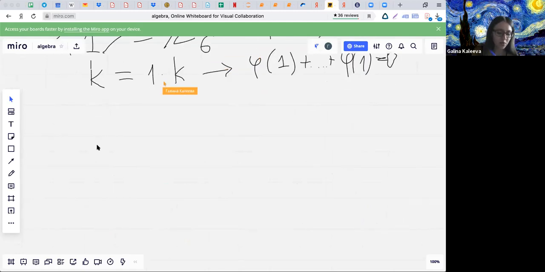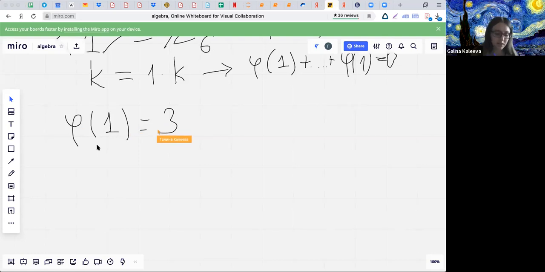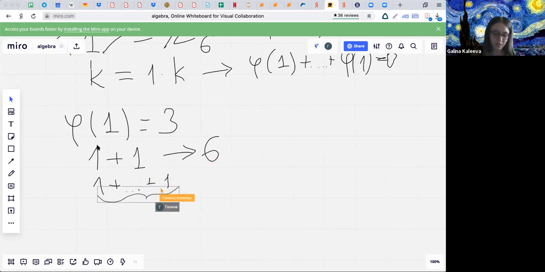But if I take something like that, let's say, for example, that the image of 1 is 3. Then I take 1 plus 1, the image is 6. And then 1 plus 1 plus 1, 6 times, which is 0 in our group, right?